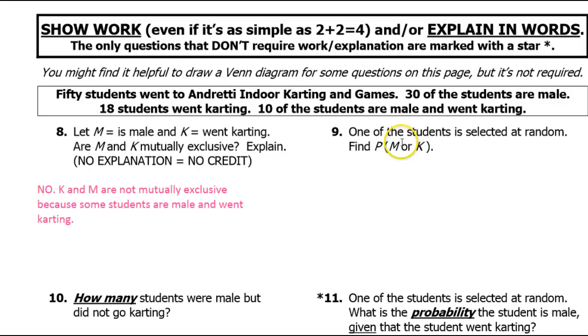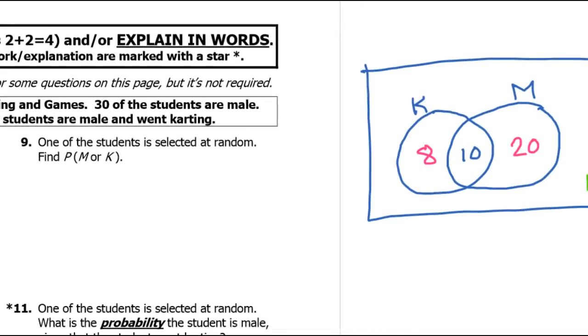Okay, one of the students is selected at random. What's the probability that he or she is male or went karting? Male or karting. Look, when you do or, you highlight all of both circles.